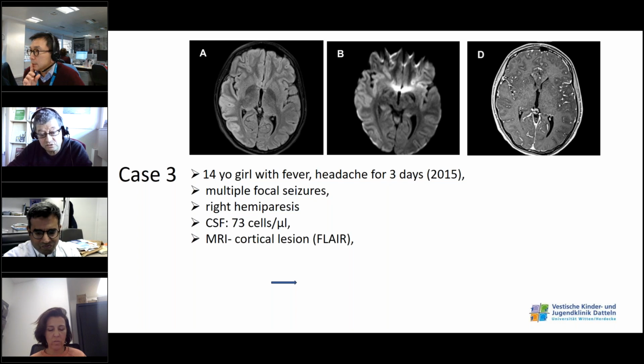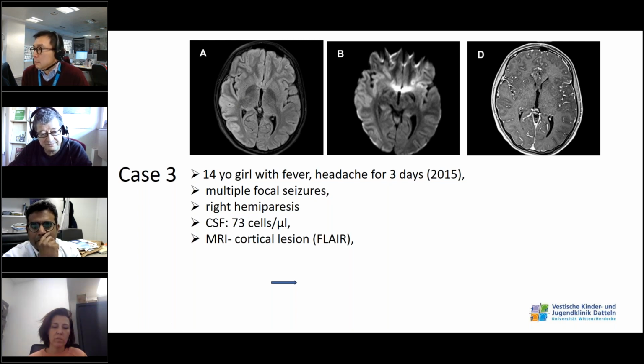Now, coming to the antibody-mediated diseases, I start not with a neuronal antigen, but with MOG. This was, for me, the first case, presenting in 2015 with all the features of a viral meningitis.